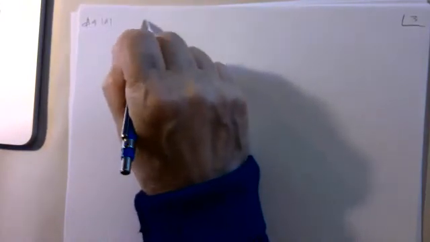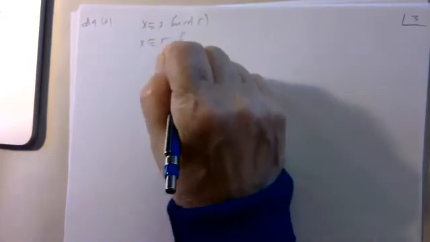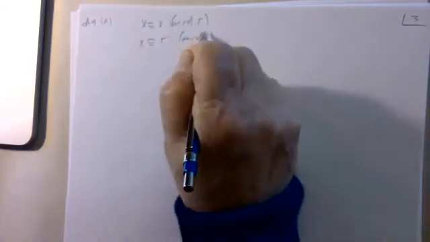So number 4, A, we want to solve a system of congruences. X congruent to 3 mod 5 and X congruent to 5 mod 6.